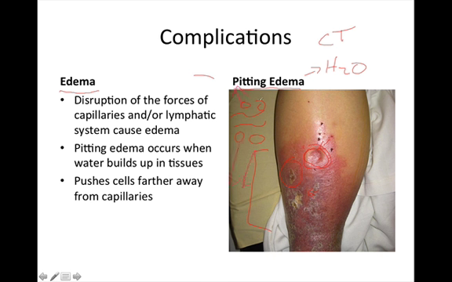As cells get pushed further away, I've already said this a couple of times, it's harder for them to get oxygen and harder for them to get rid of waste products. So over time, these cells are going to start to die, and because of the lack of oxygen and the waste accumulating, that metabolically slows down the turnover rate of the cells in these tissue areas. That's why the skin gets really dry.